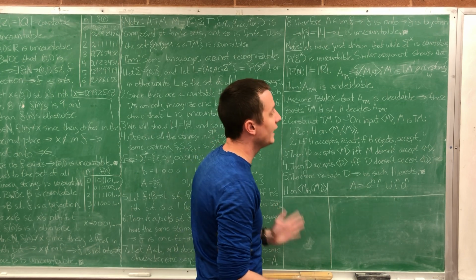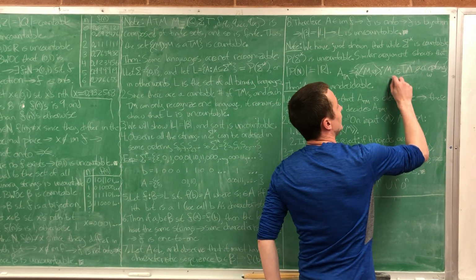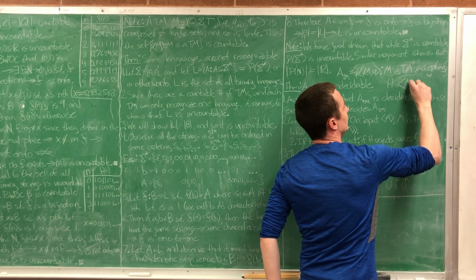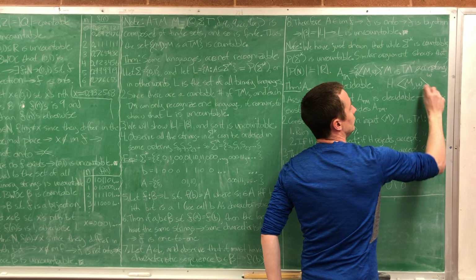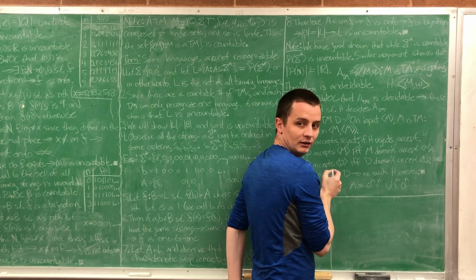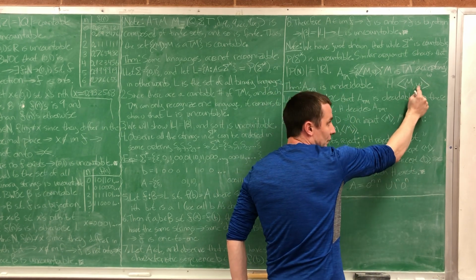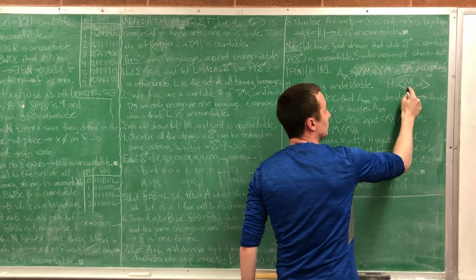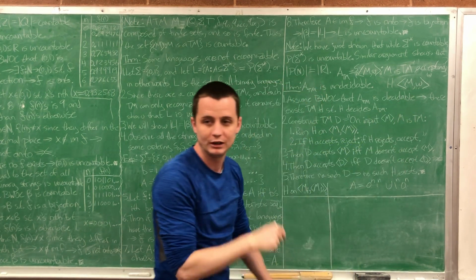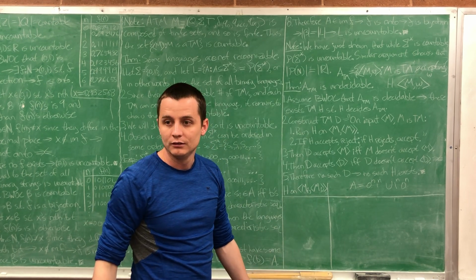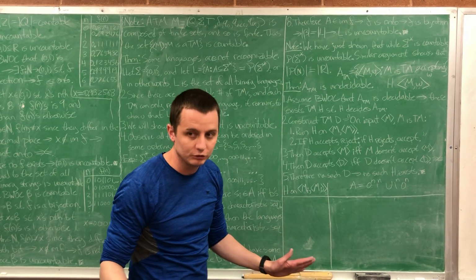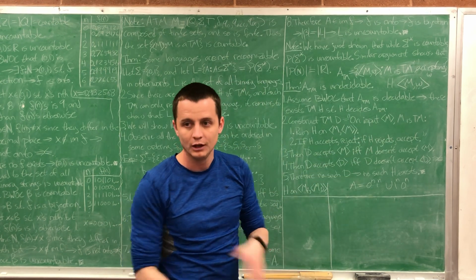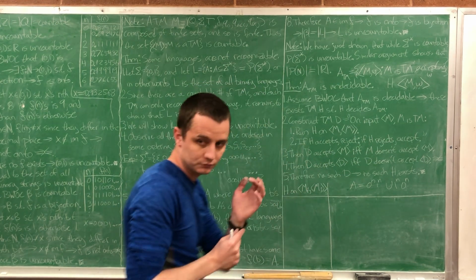In other words, whatever H is, if I give it a Turing machine M and a string W, and M accepts W, then my Turing machine H will say yes. And if it turns out M does not accept W, my Turing machine H will say no. No such thing as Turing machine H can exist. We're assuming by way of contradiction that it does exist, and we're going to show that leads to an impossible worldview.